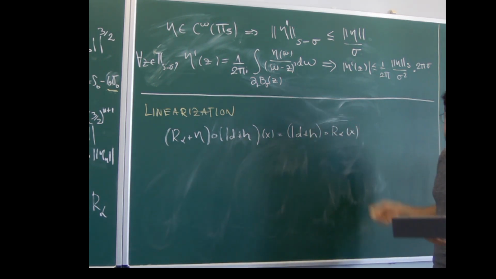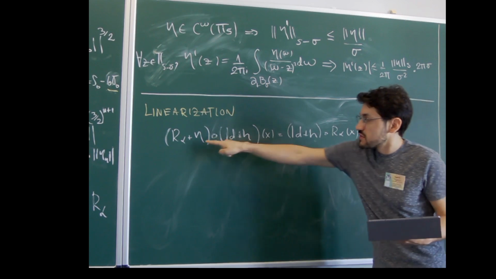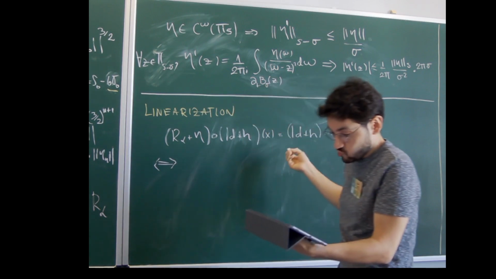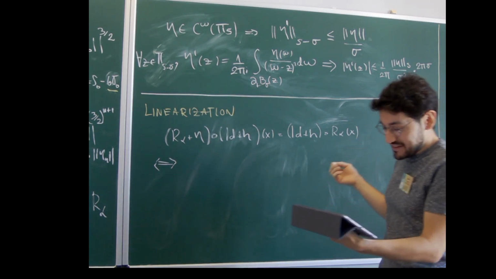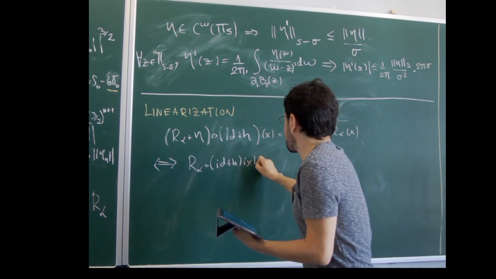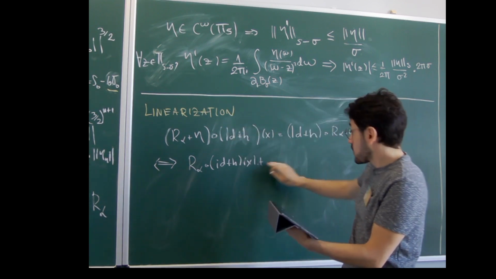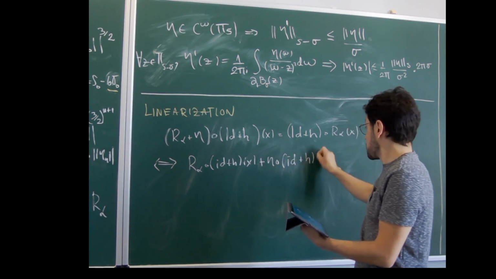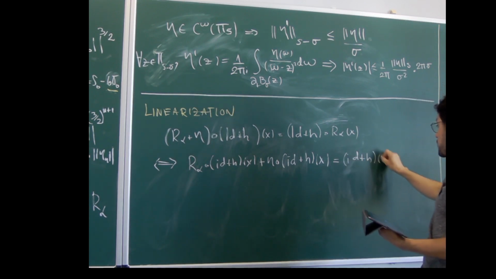So I just open this equation because I told you to open this up and remove terms of, let's say, quadratic order in these norms. So I open this up, and I really have to look, because otherwise I will make many mistakes. So R alpha composed with identity plus h of x, plus eta composed with identity plus h of x, is equal to identity plus h of x plus alpha.